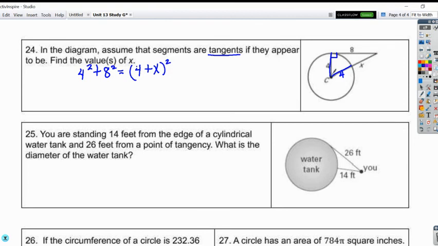So the left side here with some arithmetic, 4 squared plus 8 squared has us looking at 80. Remember that this binomial squared is going to need you to think about it like a 4 plus x and a 4 plus x that are being multiplied together. So you're doing that double distribute process. 16 plus 8x plus x squared.